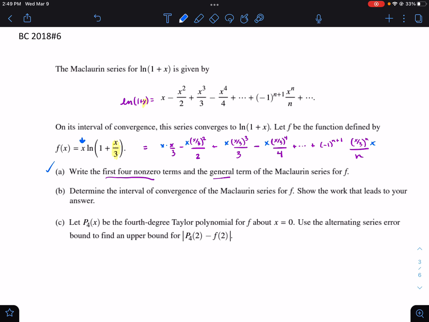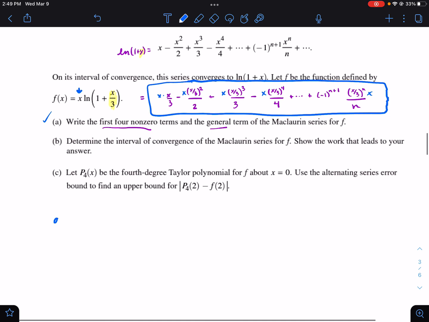They have it simplified on the key, so I would box this, and then I have a feeling I'm going to need it simplified for the other parts, so I'm going to go ahead and simplify. So on A, I'm going to simplify this. So f of x is equal to the first term, x times x, that's going to be x squared over 3. The next term, I have x times x squared over 3 squared, and divided by 2, so there's just really the 2 there as well.